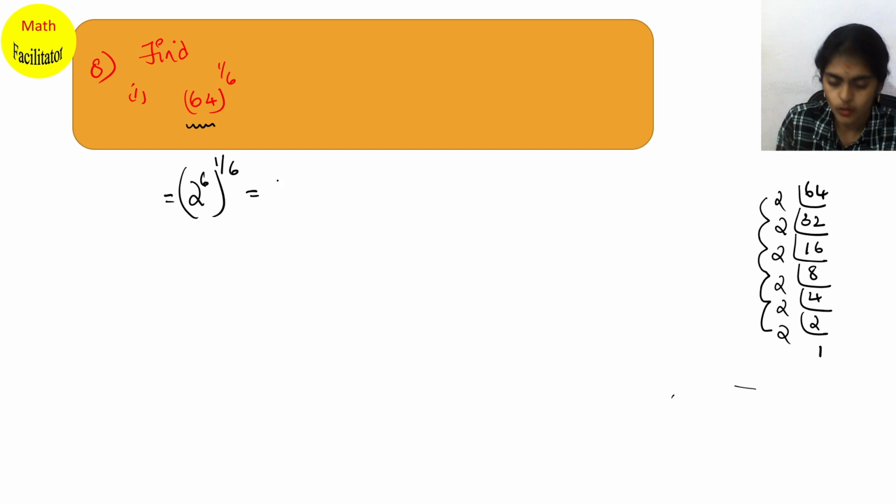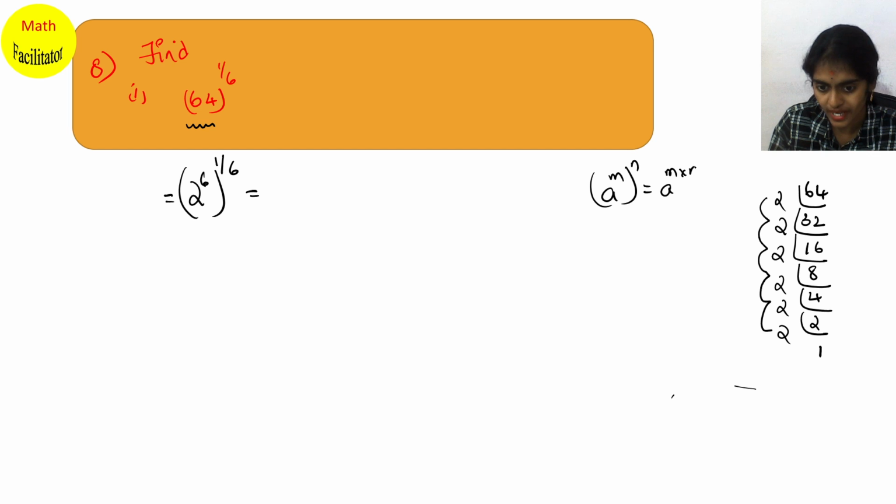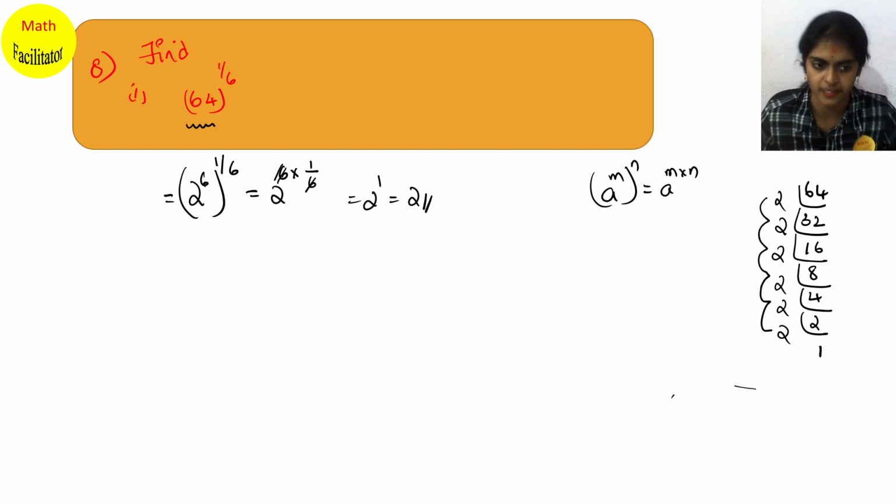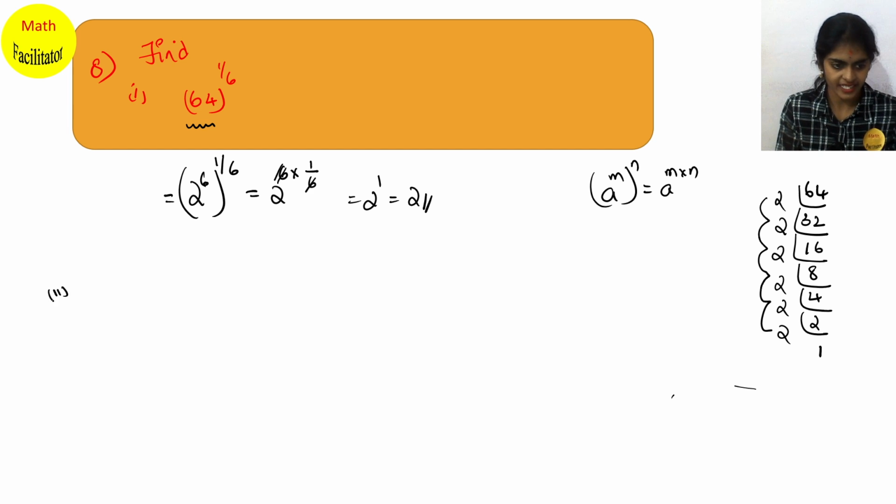This you already know, (a^m)^n is nothing but a^(m×n). Do you remember? So 2 power 6 into 1 by 6, the 6 and 6 cancel, so you have 2 power 1, which is nothing but 2. Very simple, isn't it? Let's proceed to the next question.